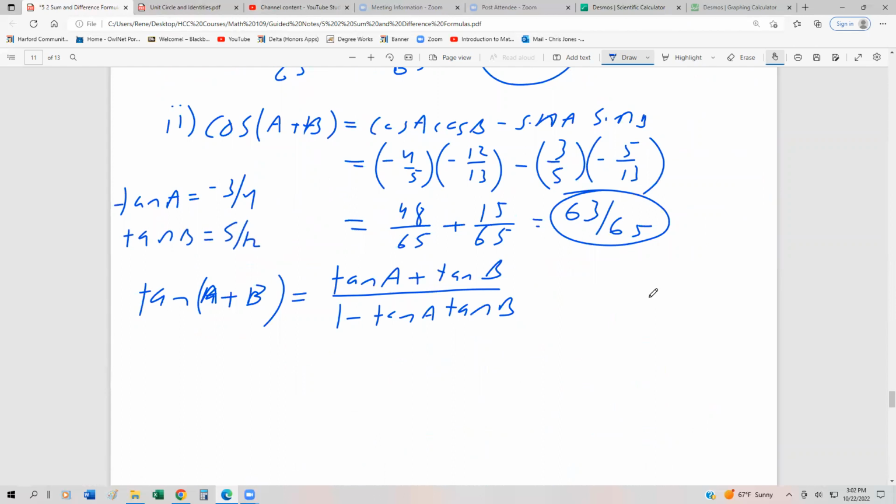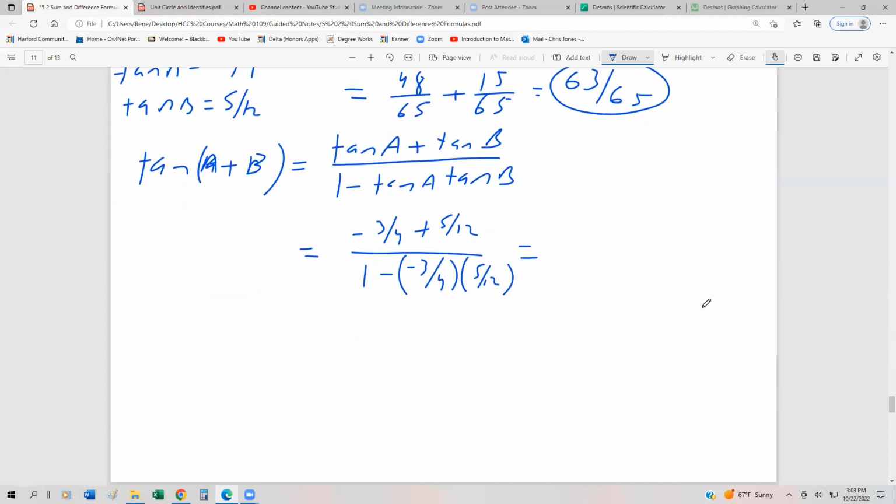So we just substitute those values in, okay? So we know the tangent of A, negative 3/4, and then 5/12. And then in the denominator, that's going to be 1 minus a negative 3/4 times 5/12. All right. So this is going to be a little bit ugly, but no worries. We can clear this up in a few moments.